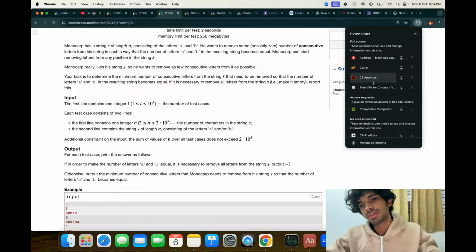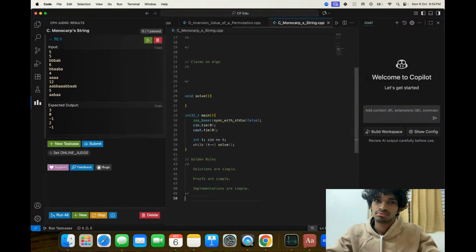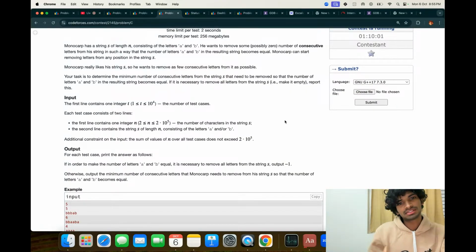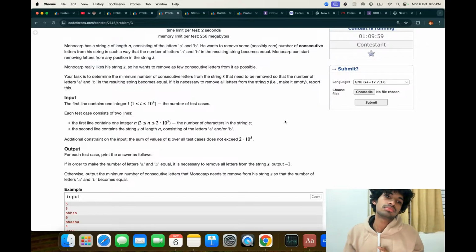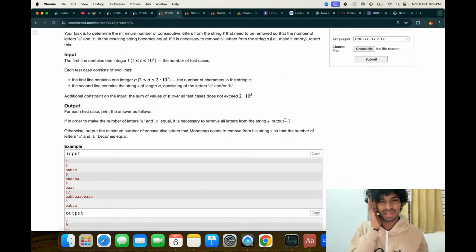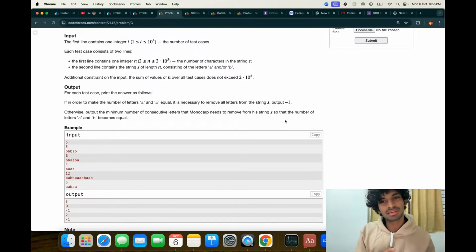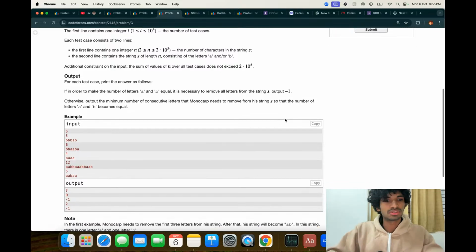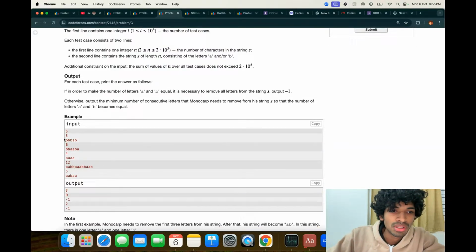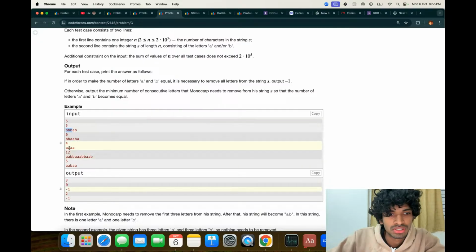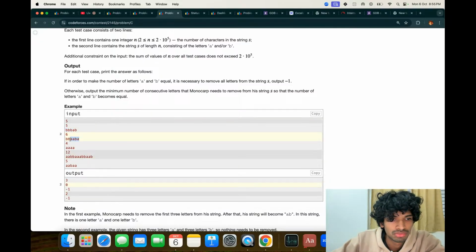If you make a as plus 1 and b as minus 1, what you want is you have to remove something and make the sum to be 0, right? You have to remove some segment and make the sum 0. So it is like minimum sum. You want the minimum length segment that is equal to the sum. If you take the sum here, it is 3. You want the minimum length segment whose sum is 3, which is 3. You take the sum here, that is 0. So you need not do anything here.